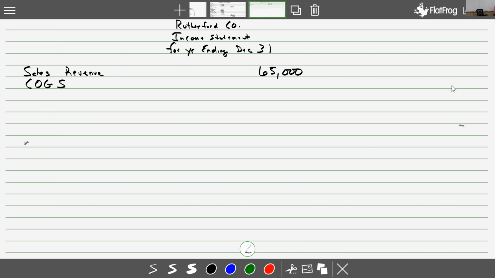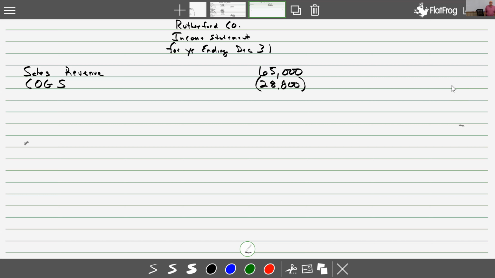From our sales revenue, the first thing we do when we have sales, when we're doing a multi-step, is to take out the cost of goods sold, subtract out that expense right off the top. Cost of goods sold, 28,800. Something else to be aware of. You may not have to do this on your homework or when you're making the statements, but I wanted to introduce it to you now.